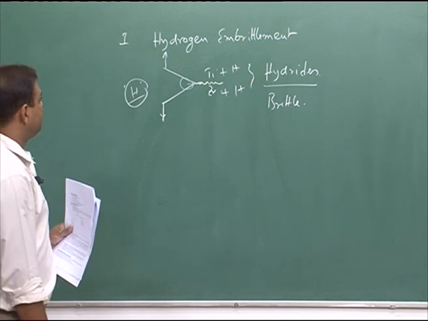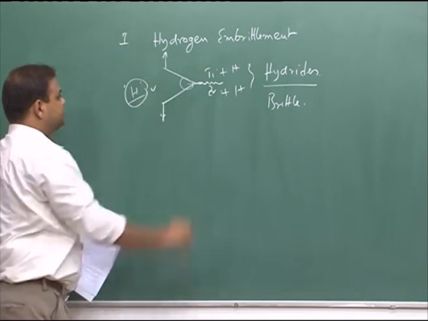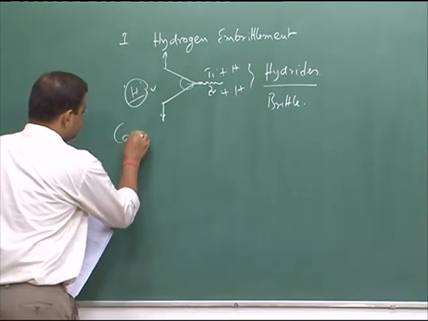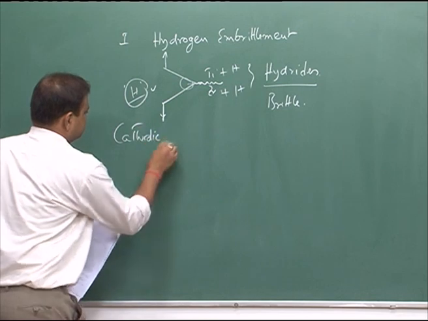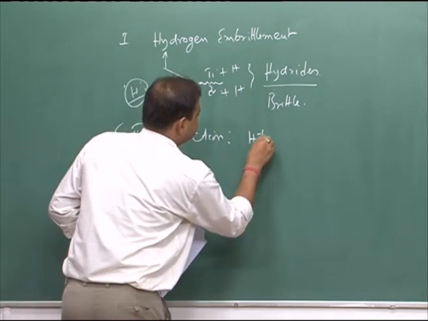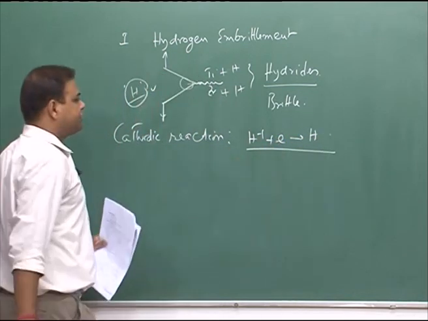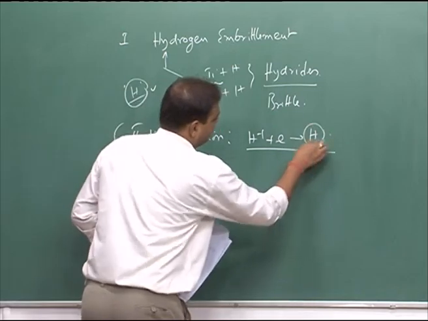This is called hydrogen embrittlement, and the source of this hydrogen is the cathodic reaction, H plus plus e gives H, where you form hydrogen.